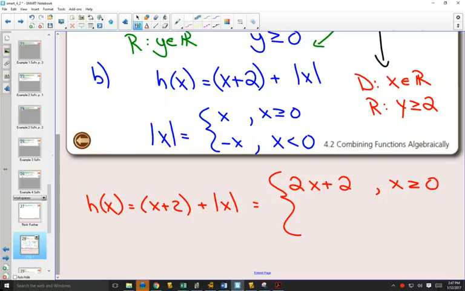Does that make sense when x is bigger than 0? That this part right here would just be an x. And if I get x plus 2 plus x, I would get 2x plus 2. Now, when x is less than 0, then this part would be negative x. And x plus 2 plus a negative x would just be 2.